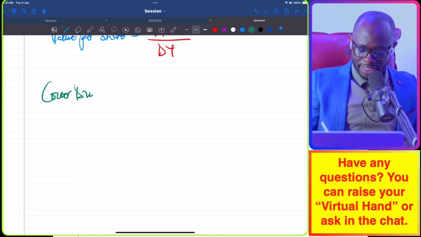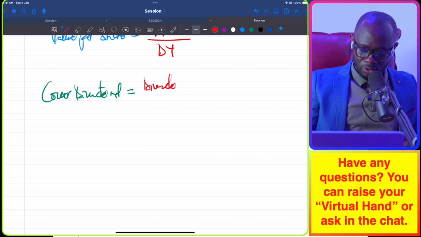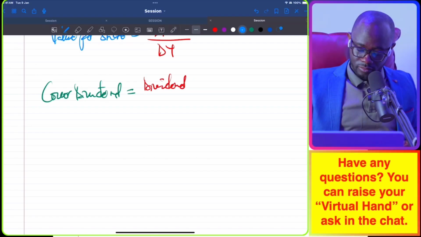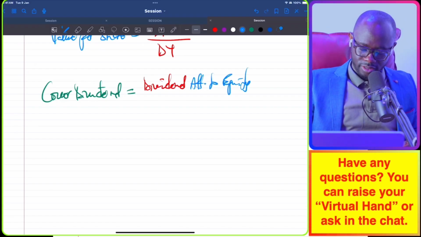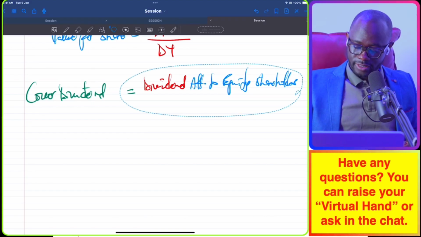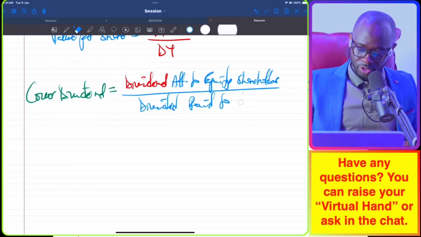What is dividend cover? Dividend cover equals the dividend attributable to the equity shareholders divided by dividend paid to the equity shareholders.